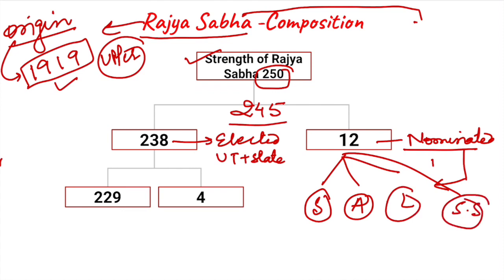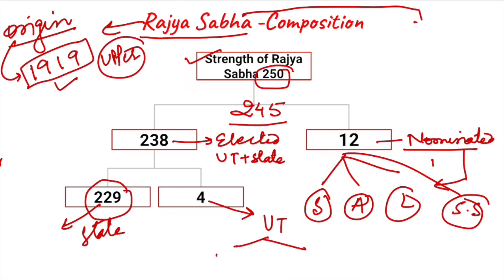Understood? Now, coming to this. Here, 229 represents the members elected from the states, and 4 represents the members elected from union territories. And out of 4, 3 seats are allocated to Delhi and 1 seat to Puducherry.